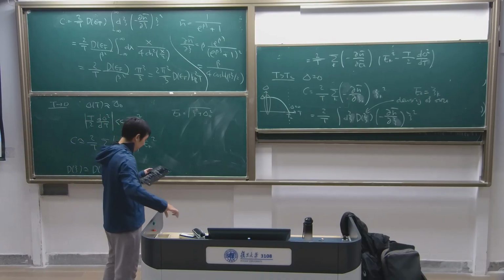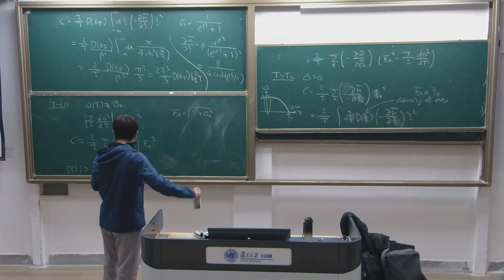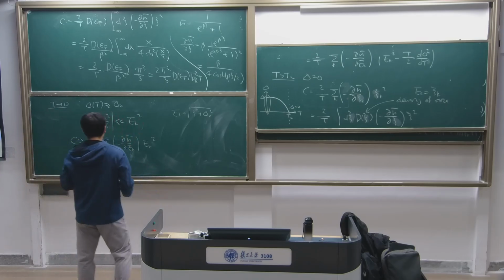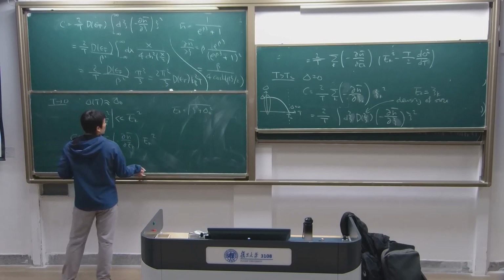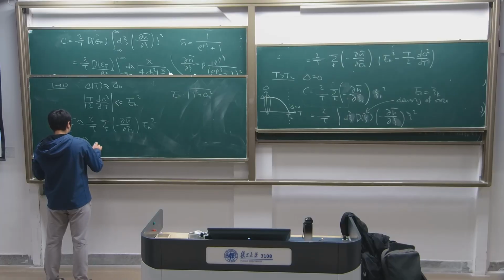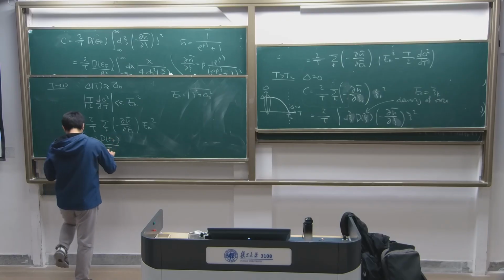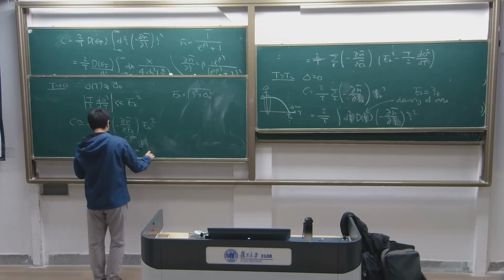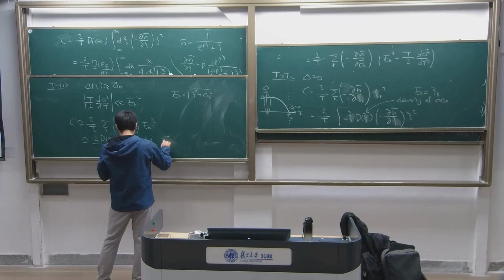Okay, and then again we replace the sum over momentum by using the density function. And this is equal to F over T, integral from minus infinity to infinity, from minus half to half.